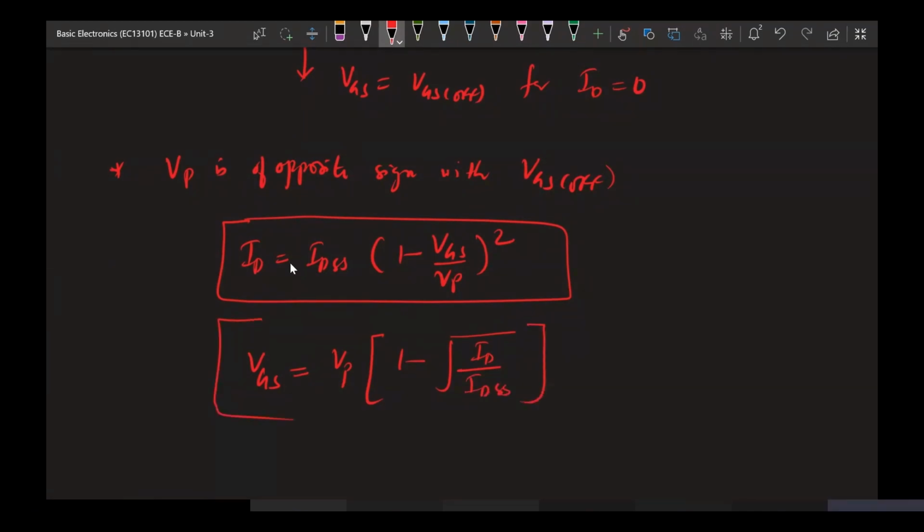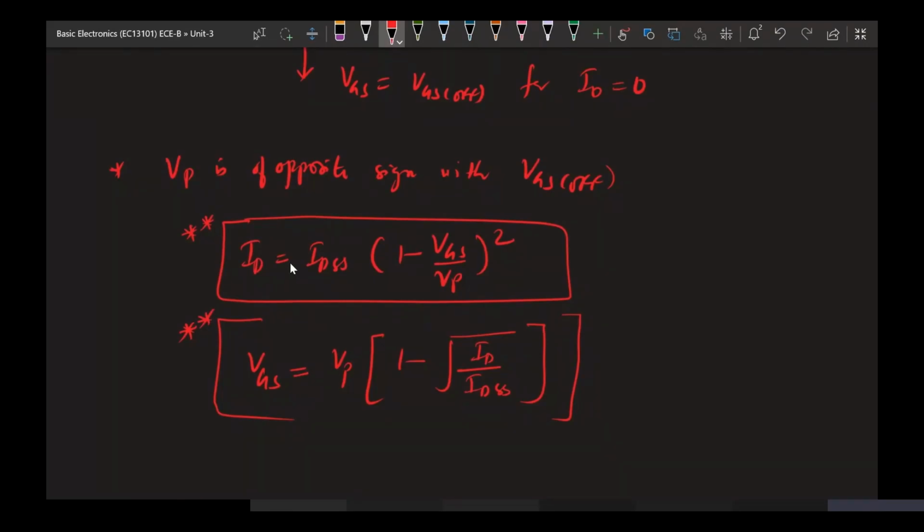So these two relations are very important for defining the characteristics of JFET. Based on these two relations, the numerical questions will be asked very frequently.